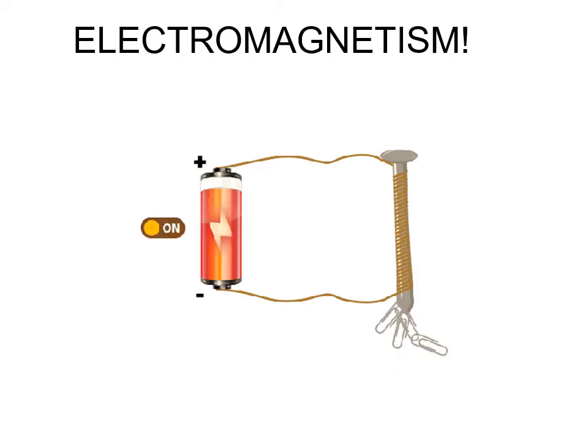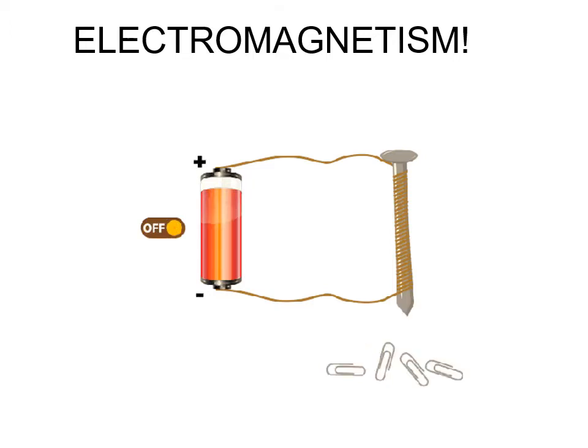My nail acts as a soft iron core or a high permeable material, which concentrates my flux. It makes my electromagnet more effective. And so when I turn it on, I have a magnetic field, and I'm able to pick up small objects with my simple battery nail electromagnet. I can pick up such things as paper clips.